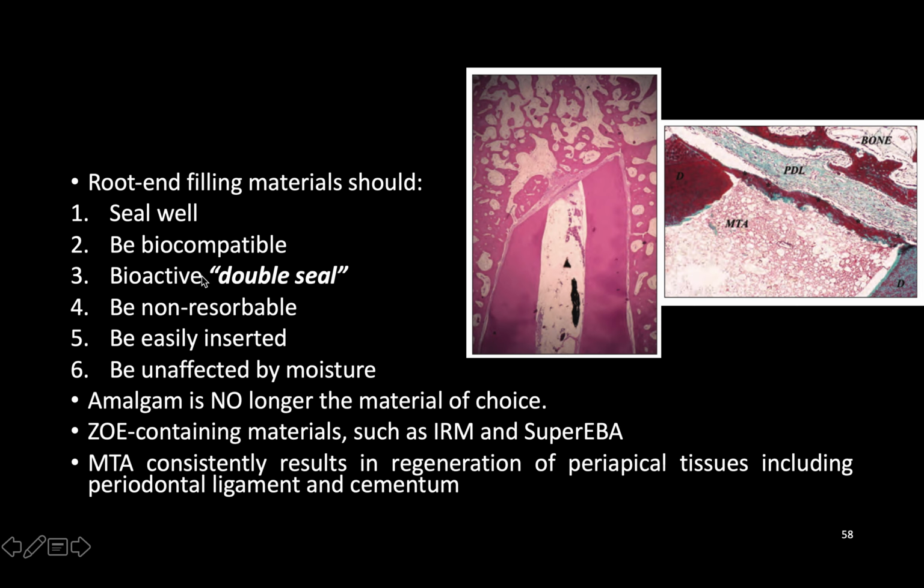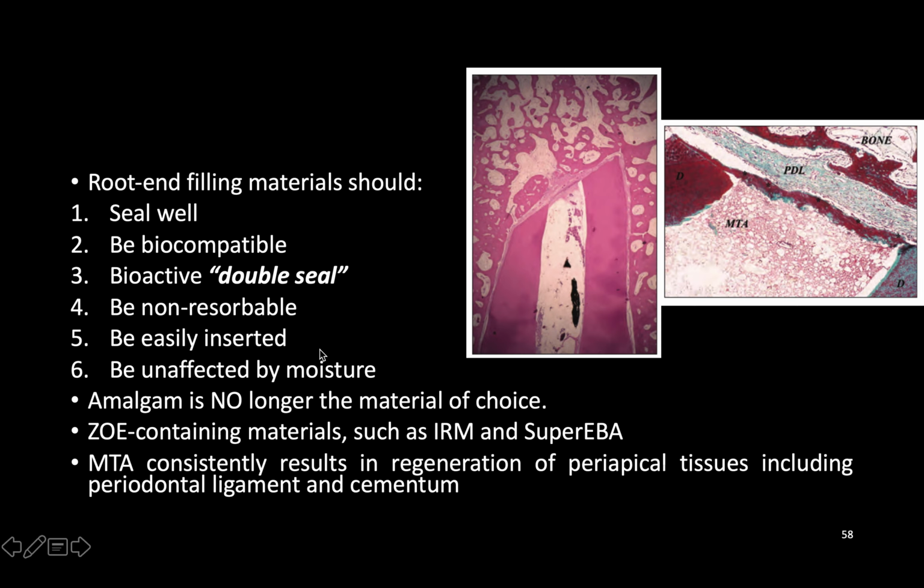Root end filling material should also be non-resorbable, so it should not be lost with time. It should not be affected by moisture. You know that in the surgical field there will be blood, so the root end filling material should not be affected by blood and moisture, and should have good handling properties and should be easily inserted into the root end.